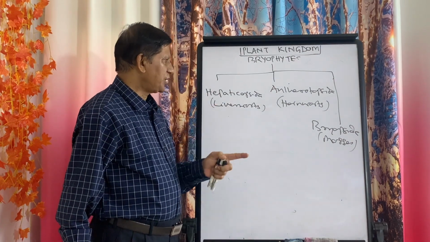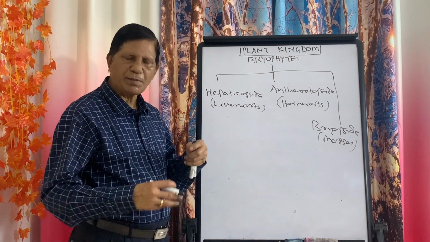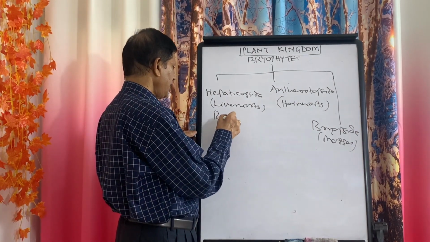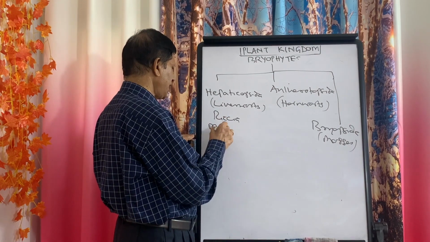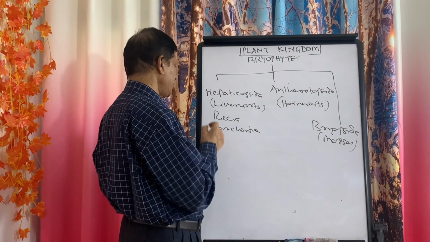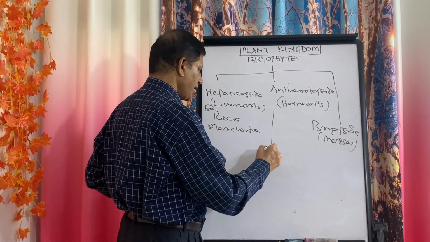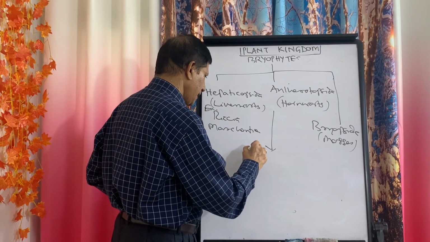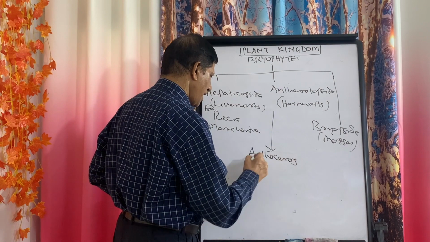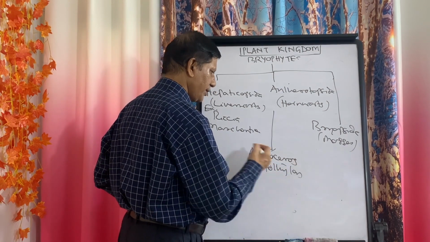Now, out of these three, we will discuss the liverworts and mosses separately. Under Hepaticopsida, usually Riccia and Marchantia, these two are commonly known examples. Under Anthocerotopsida, usually Anthoceros and Notothylas.